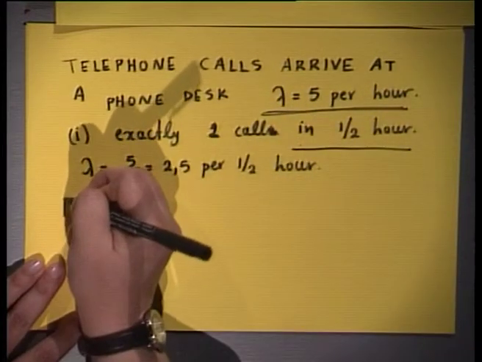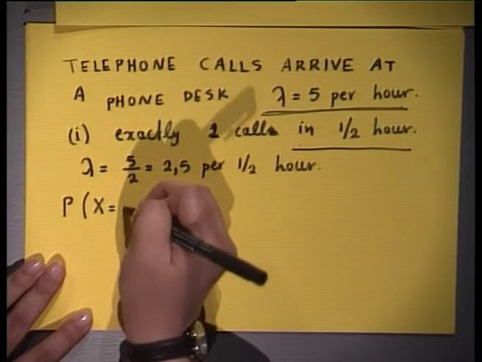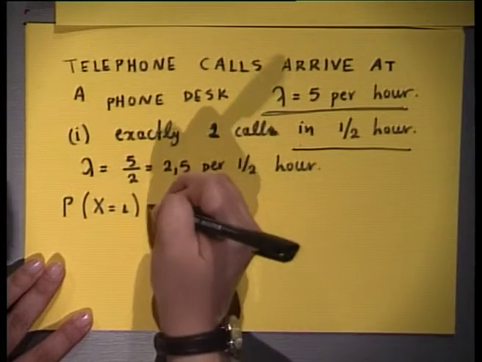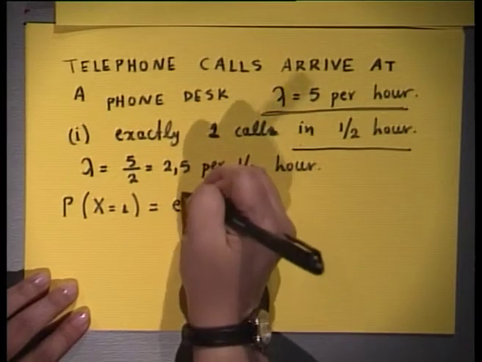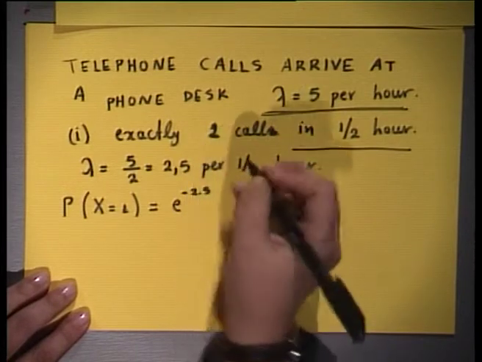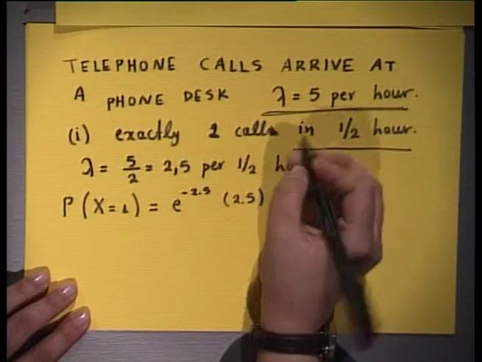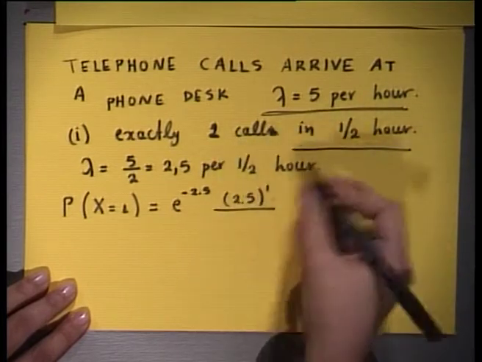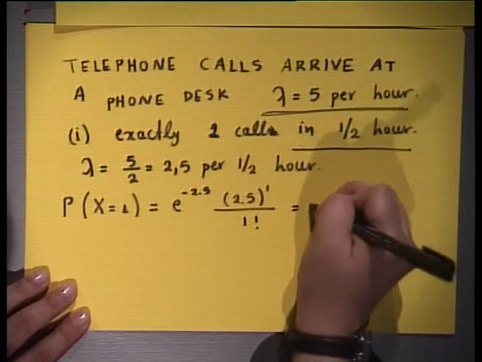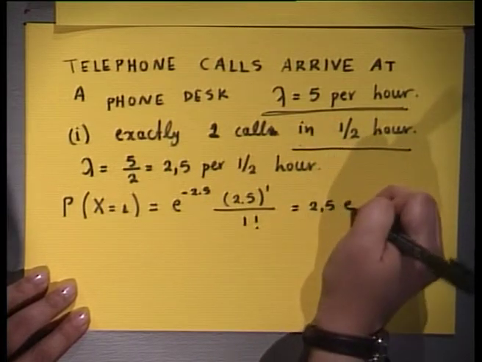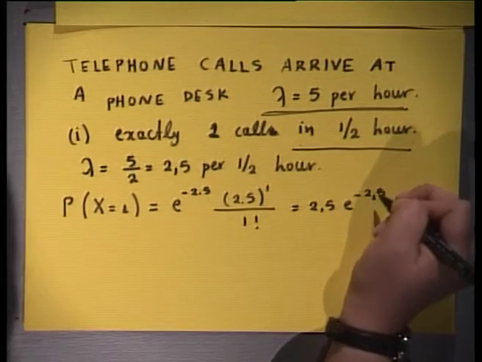So the probability that we want to calculate will be equal to e to the minus 2.5, and we do the calculations using the formula of the Poisson distribution, and we can find what this is.